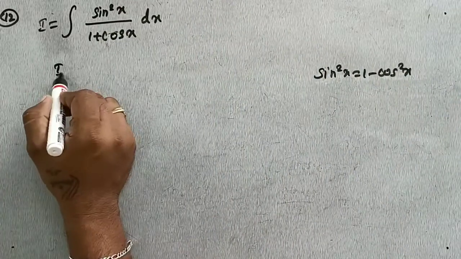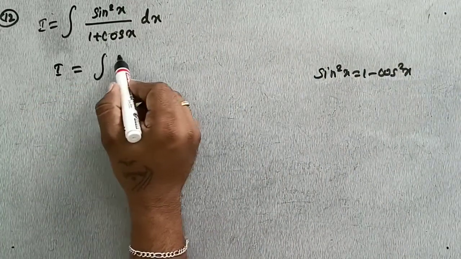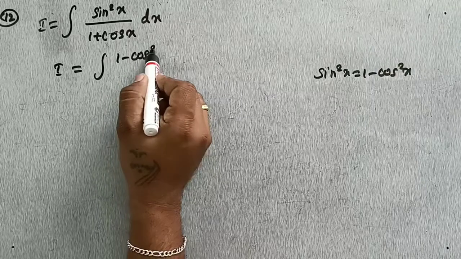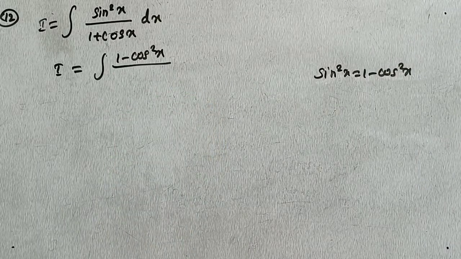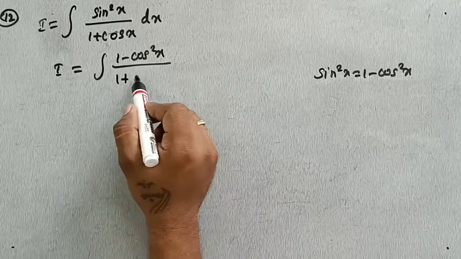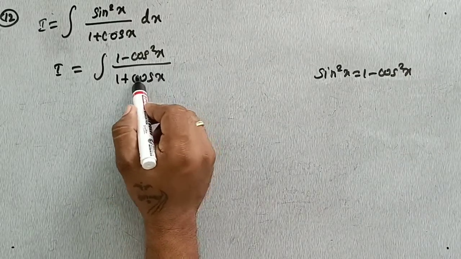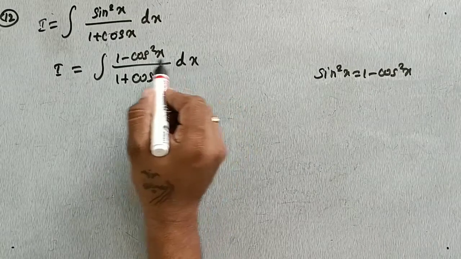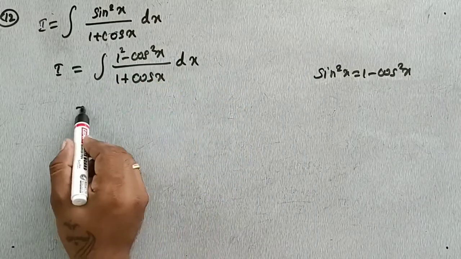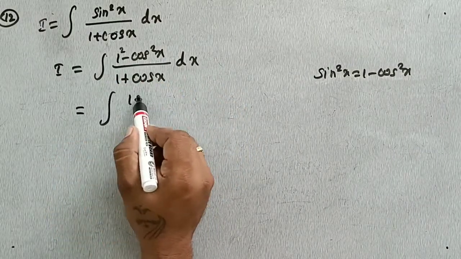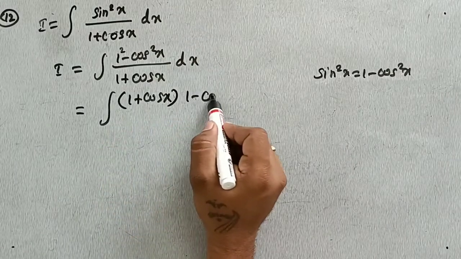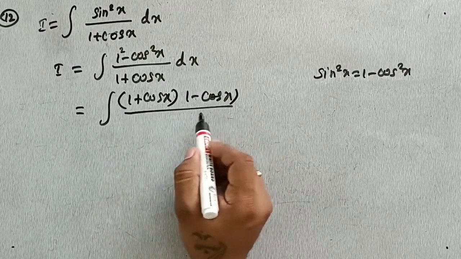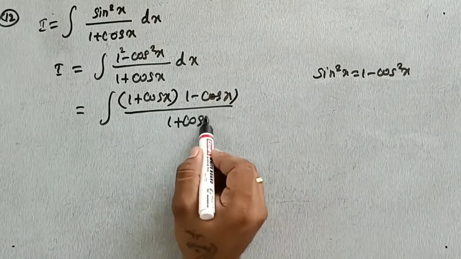So using that identity we will get numerator as 1 minus cos square x divided by denominator, which will be 1 plus cos x, into dx. This is nothing but 1 square minus cos square x, so that can be written as (1 plus cos x) into (1 minus cos x) divided by (1 plus cos x) dx.